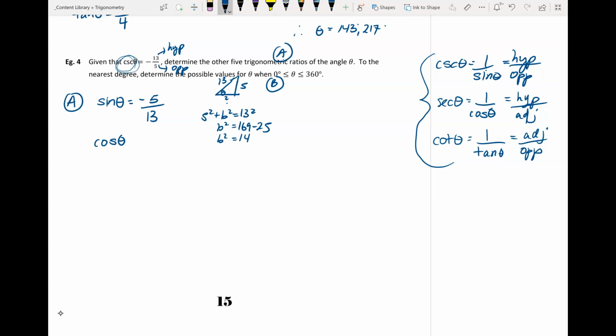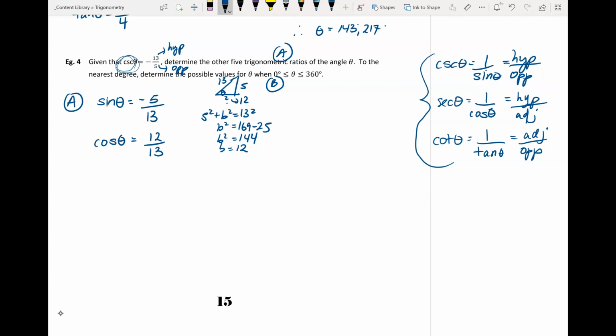And once you solve for this, you're going to realize that B is going to be 12, which is our adjacent side. Okay, so we know cos theta is adjacent over hypotenuse, so that's 12 over 13.